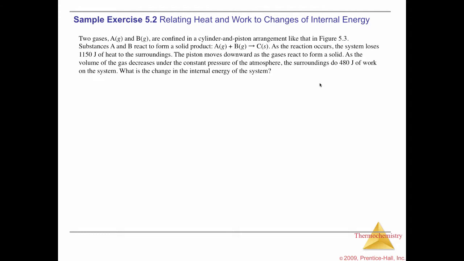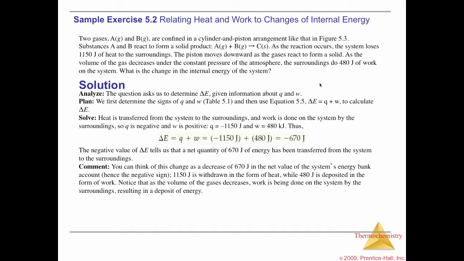The piston moves downward, and the gases react to form a solid. As the volume of the gas decreases under the constant pressure of the atmosphere, the surroundings do 480 joules of work on the system. What is the change in the internal energy of the system?